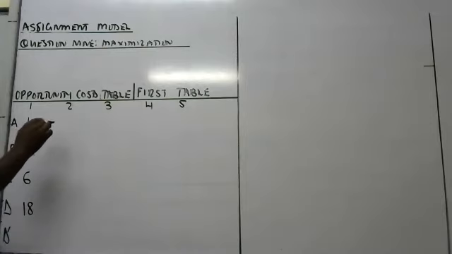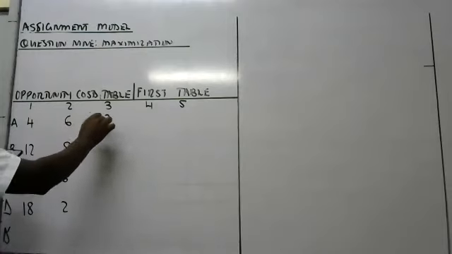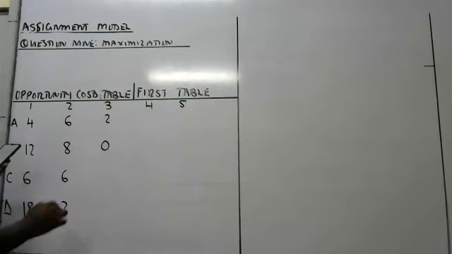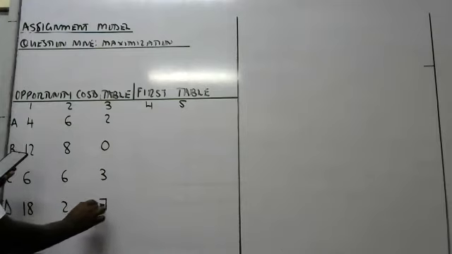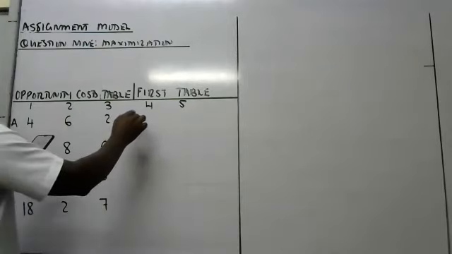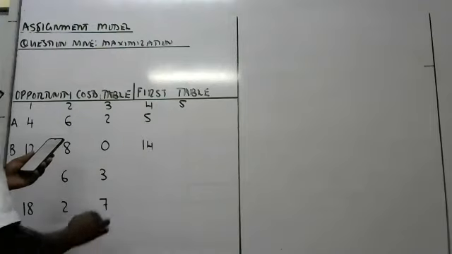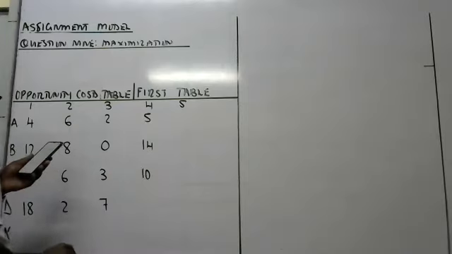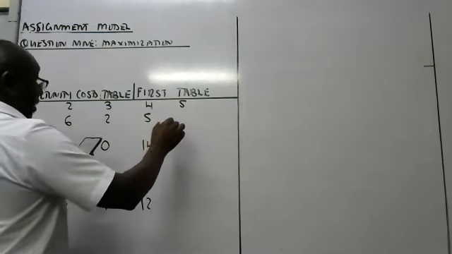Aya, tuende kwa column 2. 96 minus 90. 96 minus 88. 96 minus 90. 96 minus 94. 96 less 94. 96 less 96. 96 minus 93. 96 minus 89. 96 minus 91. 96 minus 82. 96 minus 86. 96 minus 84. 96 minus 83.